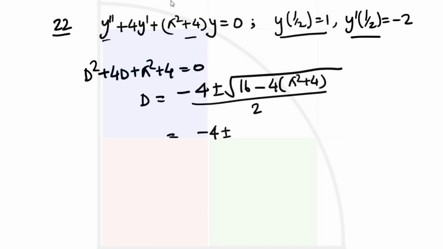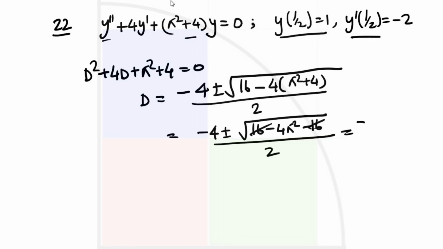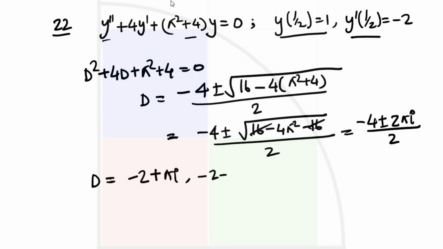This will be 16 minus 4 pi square minus 16, and we will get 2 pi i. So here the solution of the auxiliary equation is complex. We have two roots of the equation: minus 2 plus pi i and minus 2 minus pi i.